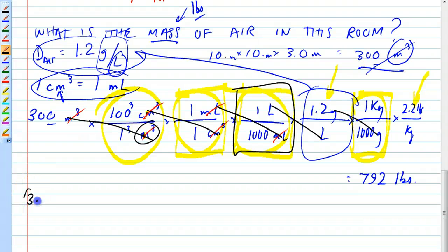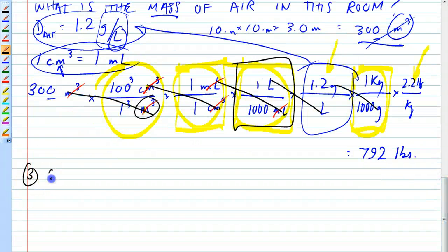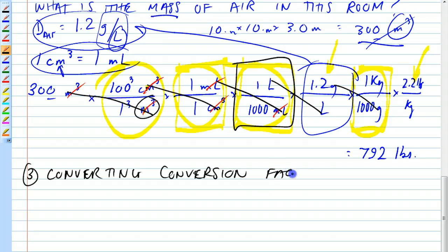This is the third kind of advanced method: conversion factors. In other words, converting a fraction, one into another.